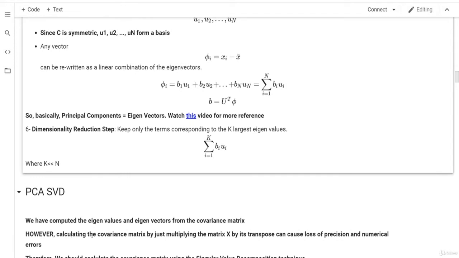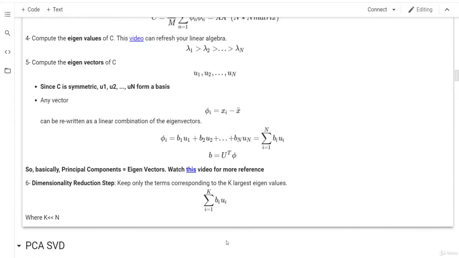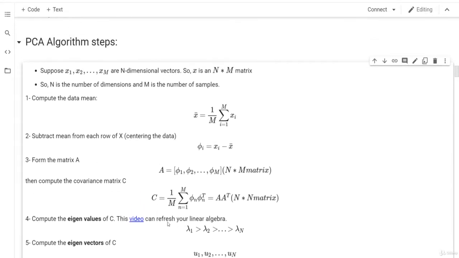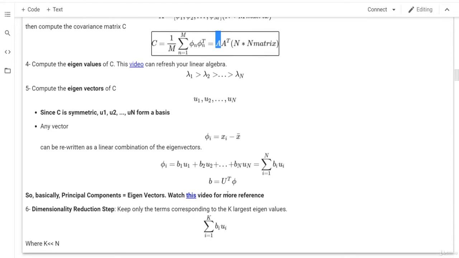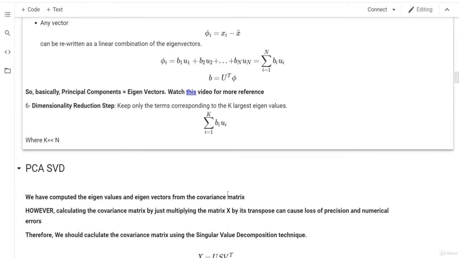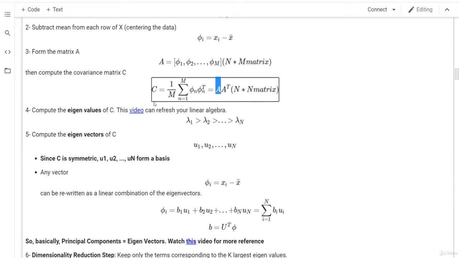However, we calculated the covariance matrix itself by just taking the matrix and multiplying it by its transpose. This can lead to problems in terms of loss of precision and numerical errors. So we might have some information loss in this step, even though we didn't really do any dimensionality reduction.